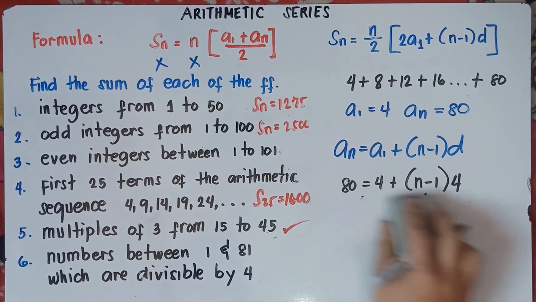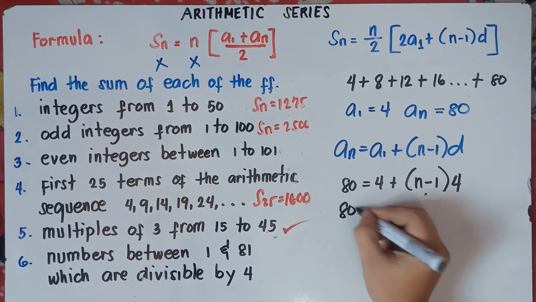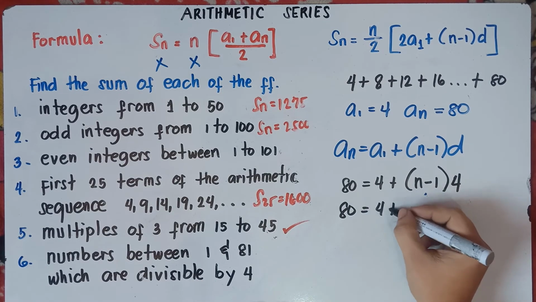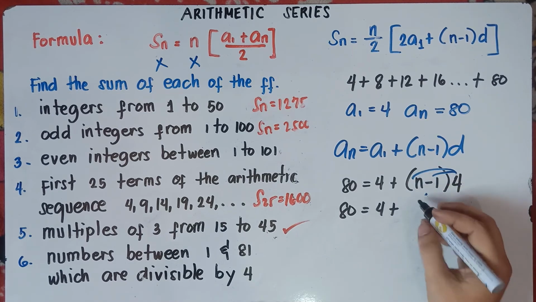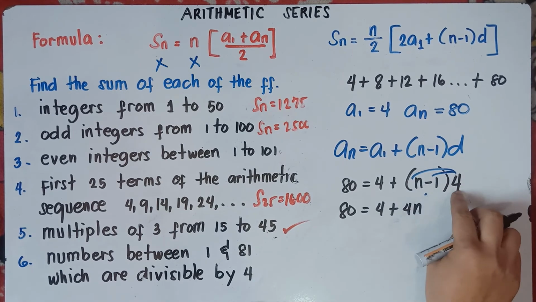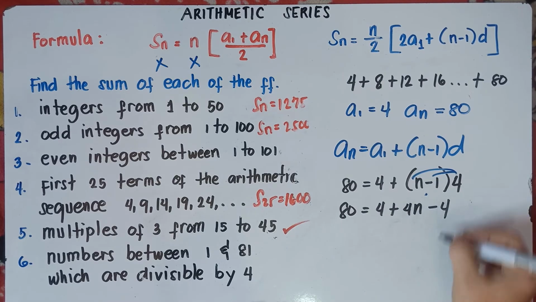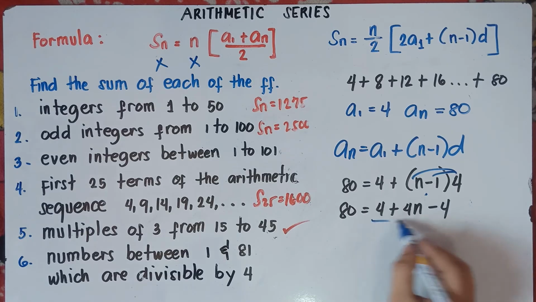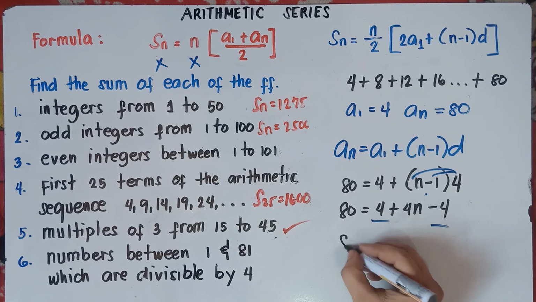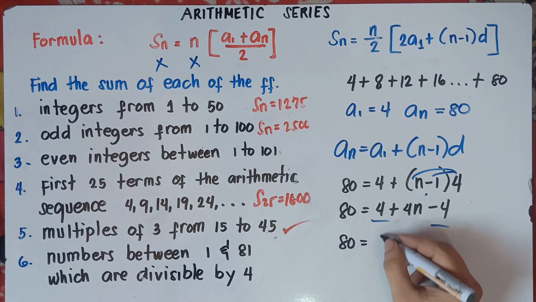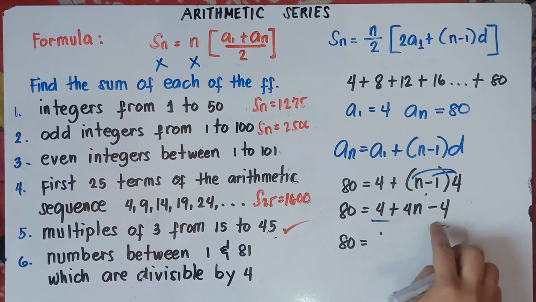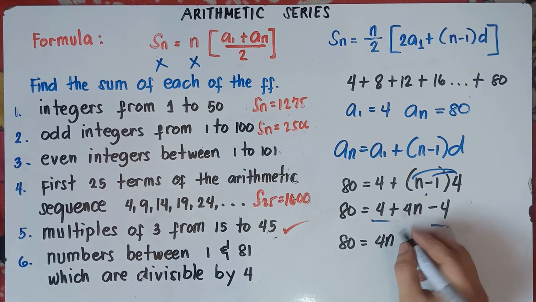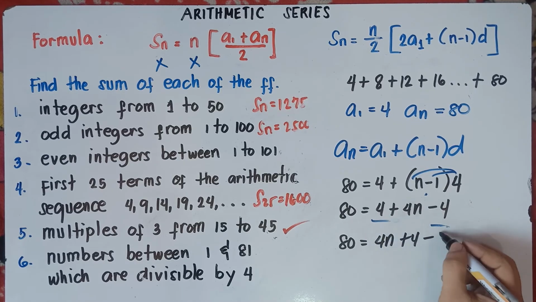So to find n, this will be 80 equals 4 plus, distribute this one, 4 times n, that's positive 4n. 4 times negative 1, that's negative 4. Then we can combine. So 80 equals 4n comes first, then positive 4 and minus 4.